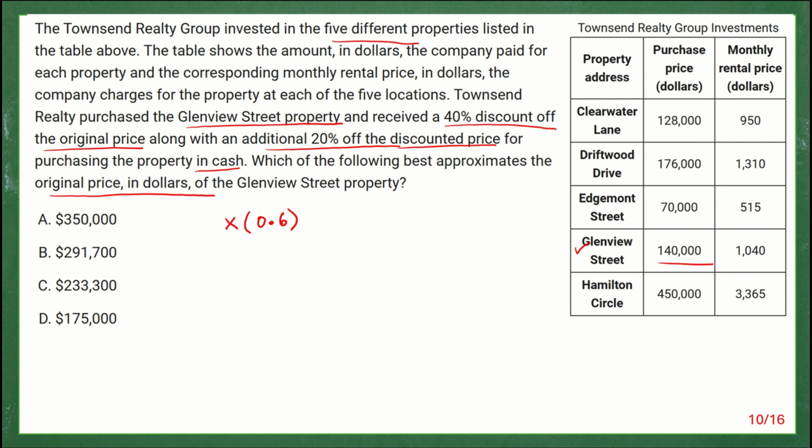Okay, now after that, along with an additional 20% off the discounted price for purchasing the property in cash. So this is now the discounted price, and an additional 20% off the discounted price. It means that I am paying 80% of that amount.